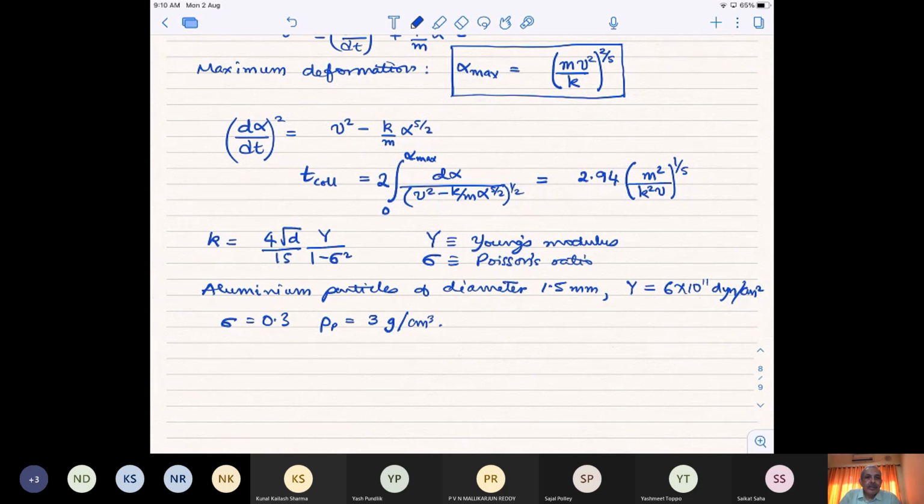And now if we are given the velocity, supposing velocity is just 5 centimeters per second.